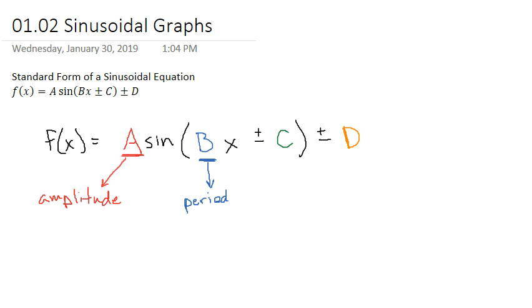Okay, and there's going to be some caveats that you need to be aware of with that, but we'll get to that later. All right, C deals primarily with horizontal transformations. Okay, so basically moving the equation to the right or to the left.